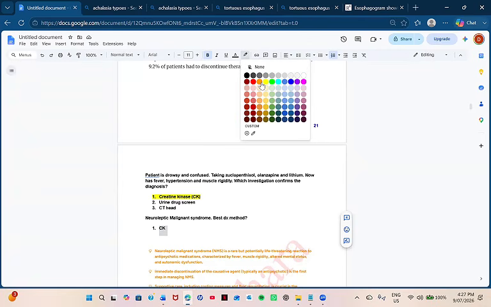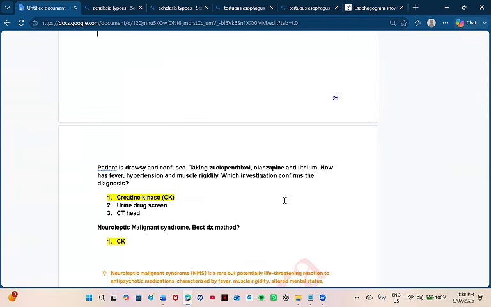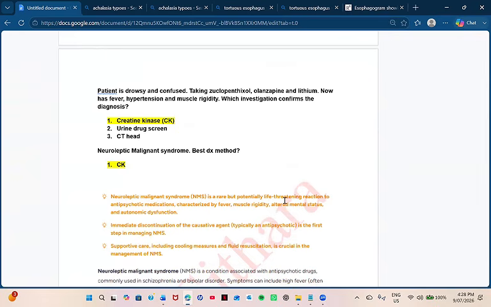This question is kind of weird though, because they have given all the non-specific investigations and they ask which confirms the diagnosis. Yes, CK is elevated, that's true, but it is not specific. Mainly to diagnose it, you need the clinical presentation, right?